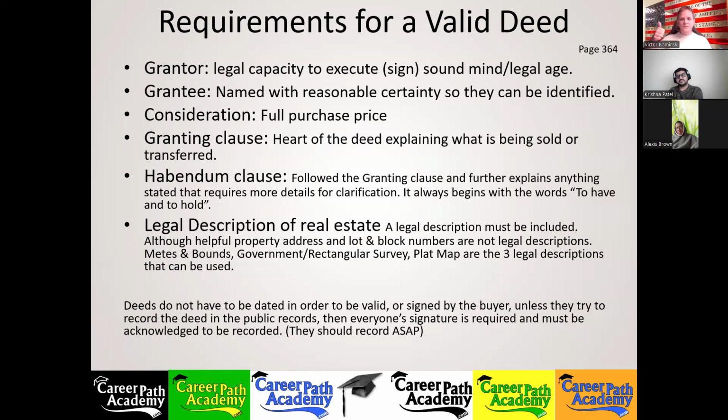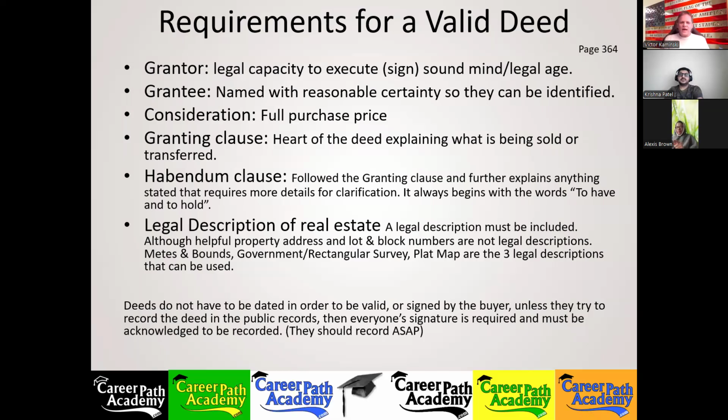That's one. The government or rectangular survey. And the last one? Plat map, a plat map recorded in the county where the land is located. Those are the three legal descriptions of land.